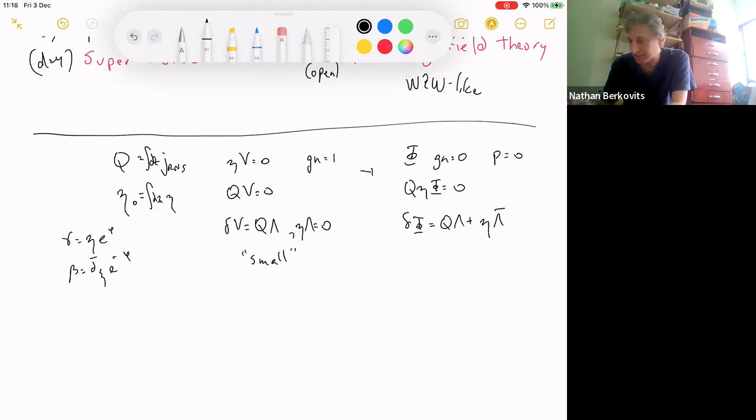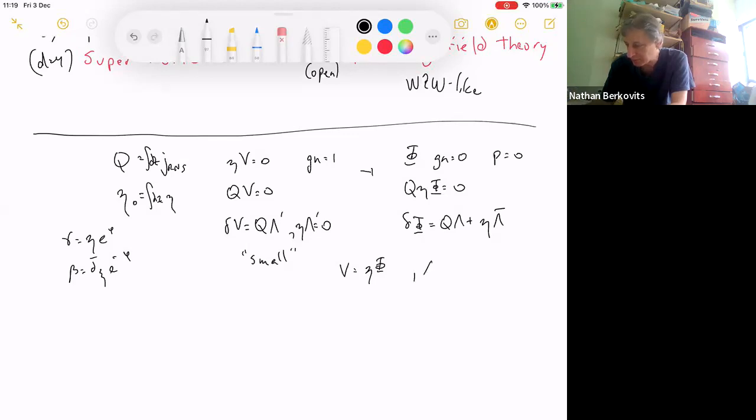Now the two, of course, are related. You're not going to get an independent description. The relation is you can always define V to be equal to eta phi. So that obviously satisfies eta V equals 0. And now you define this lambda to be just equal to eta of lambda bar. So let me call this lambda prime.